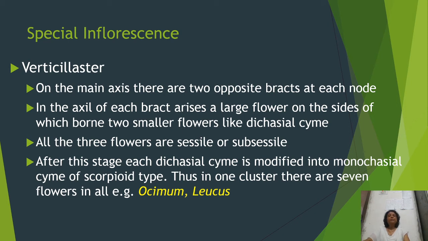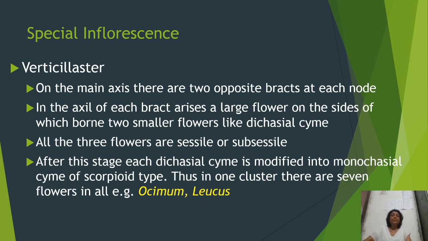All the 3 flowers are sessile or subsessile. After this stage, each dichasial cyme is modified into a monochasial cyme of scorpioid type. Thus, in one cluster there are 7 flowers in all.